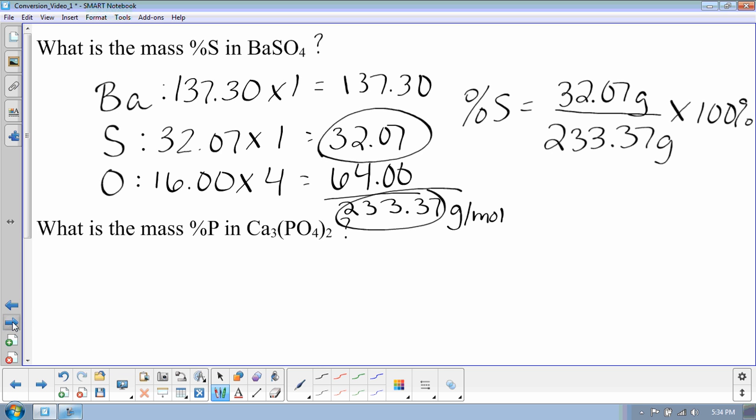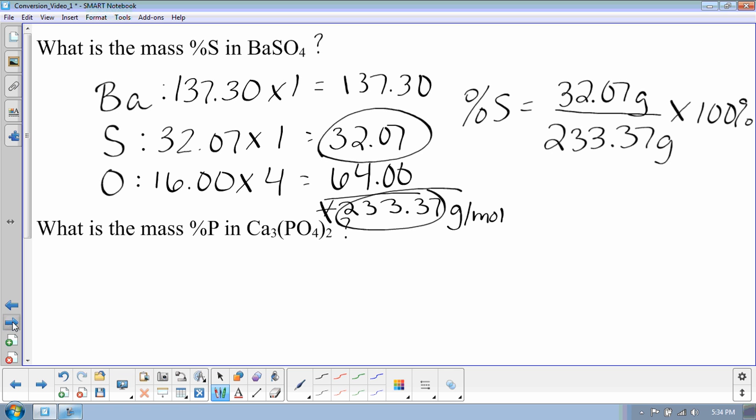So if you haven't noticed yet, the reason that I have you write them all out is that when you put it in your calculator and you end up with this number, you now, in some cases, like we're going to look at in the next one, have lost what the individual element's mass was when you put it in the calculator and hit enter. So if you write it this way, you could actually solve for either barium, sulfur, or oxygen without having to re-put, for example, 16 times 4 into your calculator.